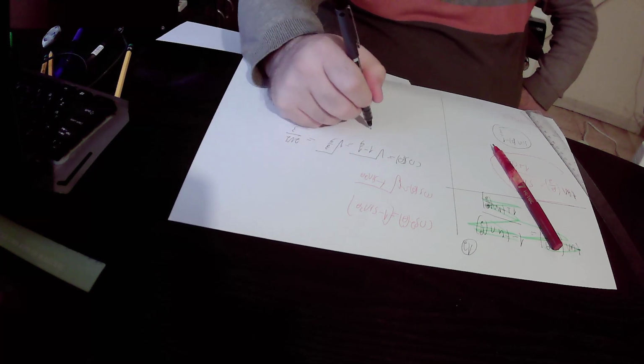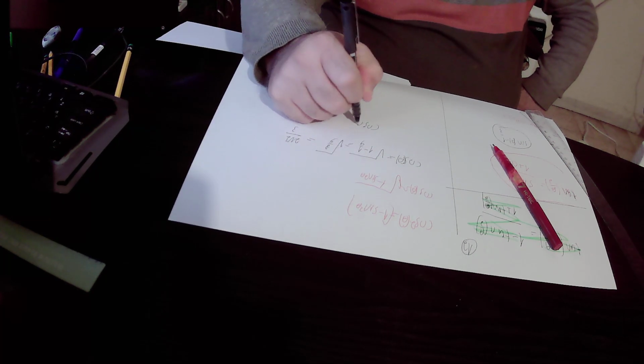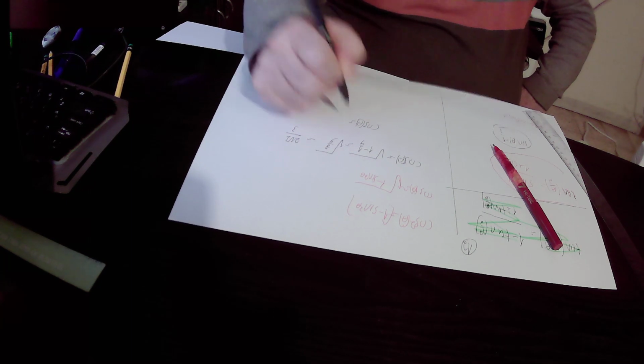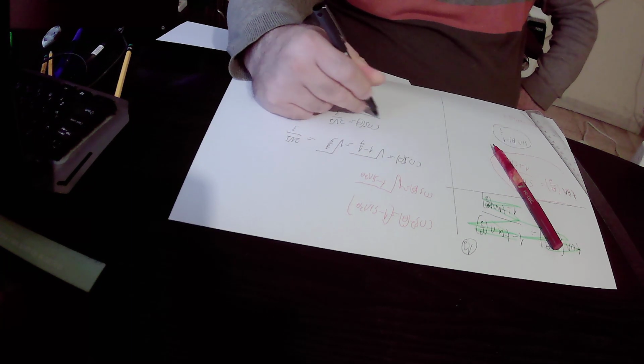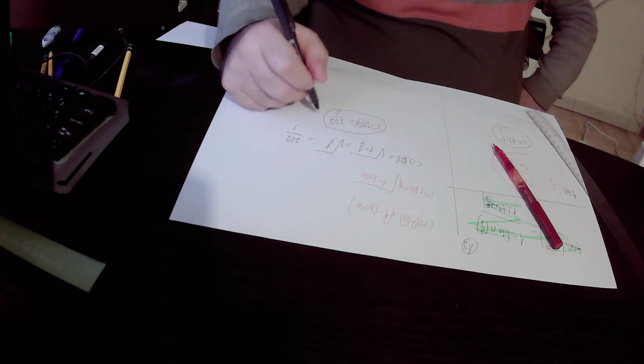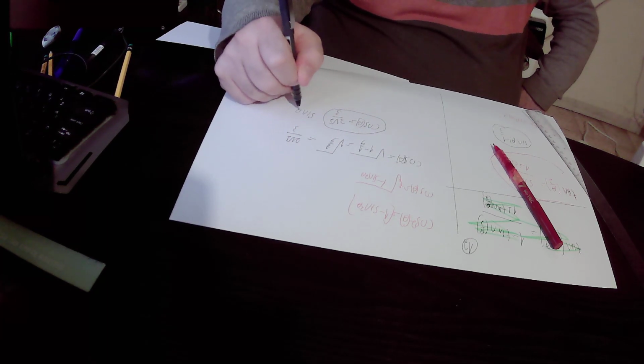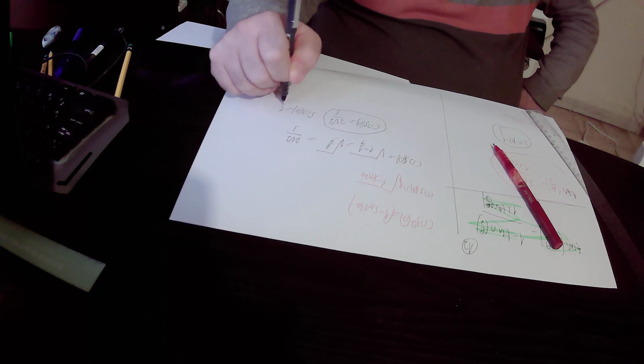So in conclusion, cosine theta is equal to 2 times square root of 2 over 3, and we have already found out that sine theta is equal to 1 over 3.